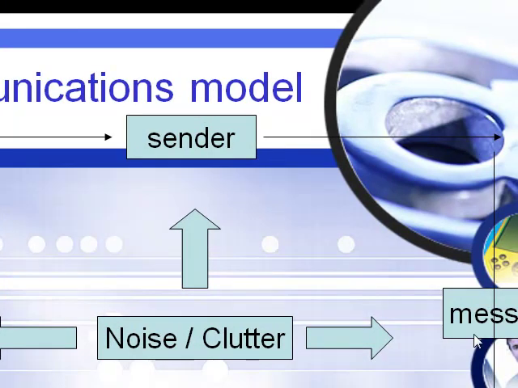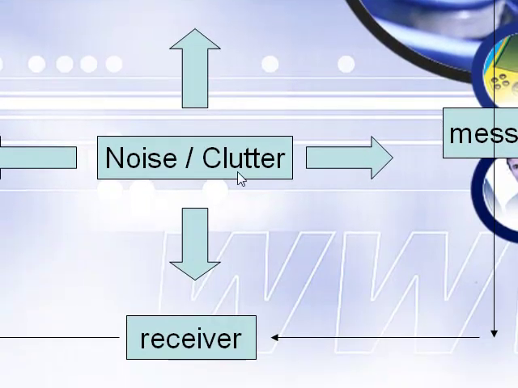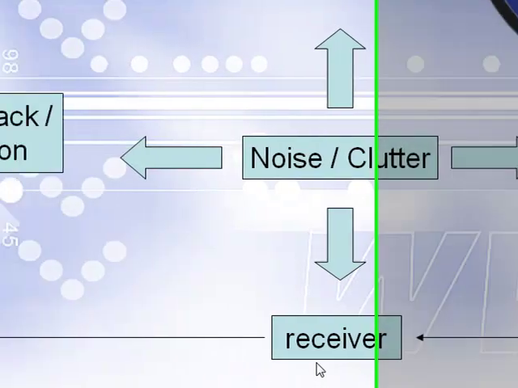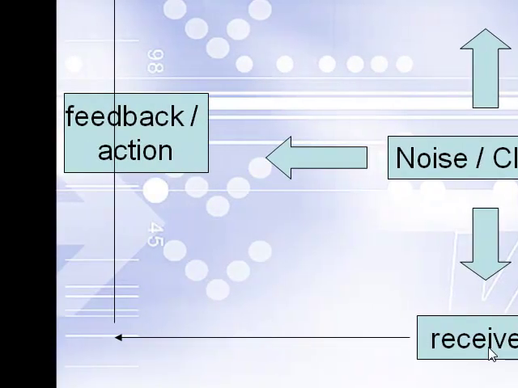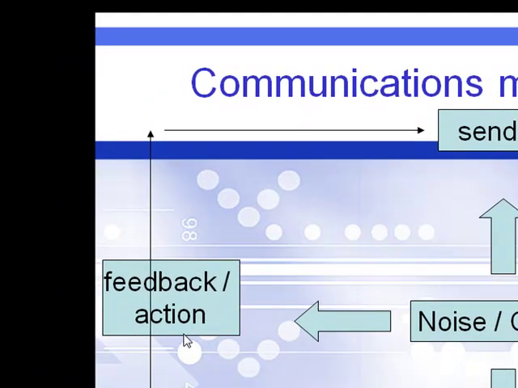You have your message, your marketing message that you want delivered to your target audience in a certain way. You've got your receiver, which is your target audience, and you have your feedback and the action, which is the reaction from the audience.